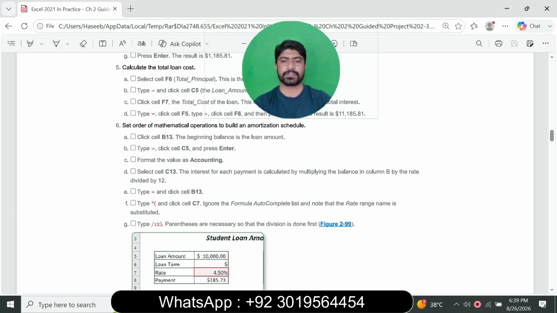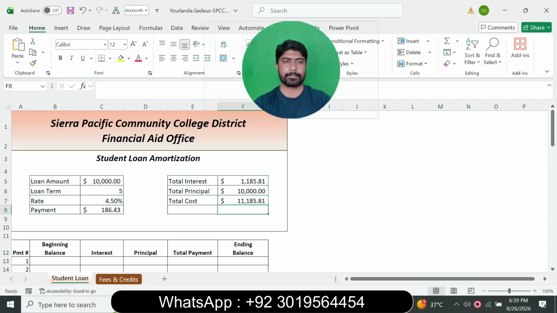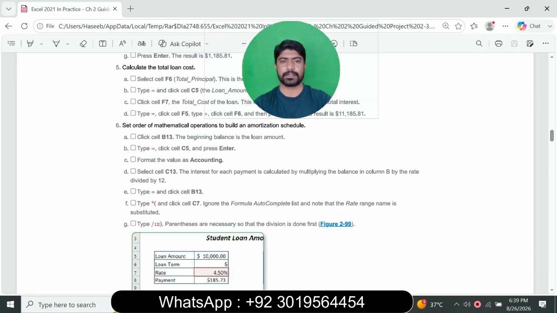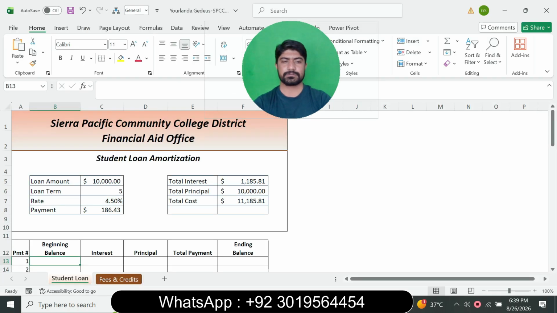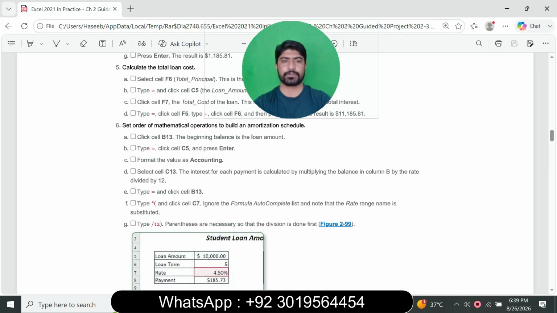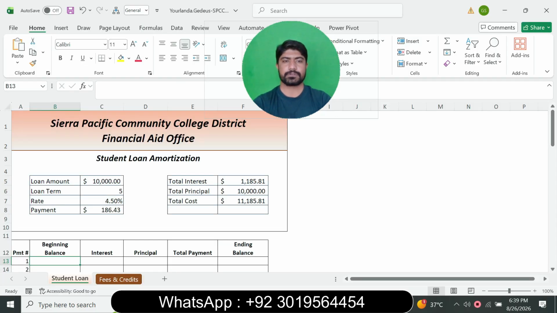So click cell B13. The beginning balance is the loan amount. Type equal to, click cell C5 and press enter.